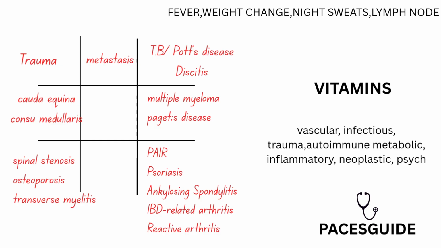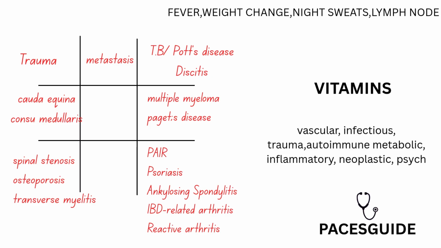Okay, so when you go inside, you'll greet the examiners, greet the patient, and then start your history taking. What you see on the screen is just a broad classification of some important and common cases that appear in the exam. Vitamins is a mnemonic that can classify into different subsections: vascular causes or infectious causes, trauma related, inflammatory, malignancy.